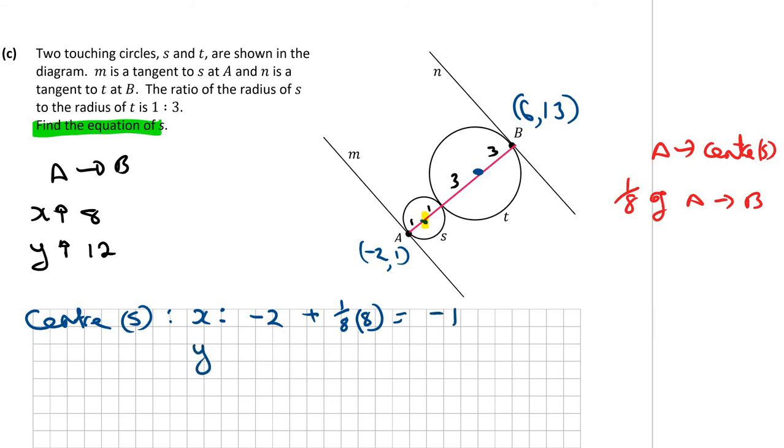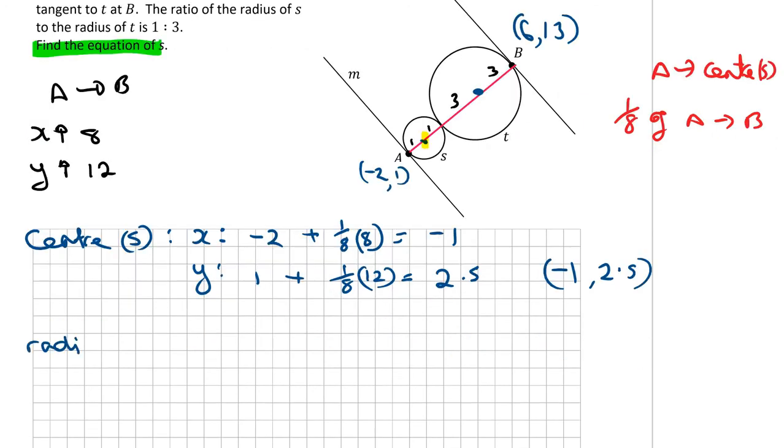And the y coordinate is going to be 1 plus 1/8 of a jump of 12, which is 1 plus 12 over 8, or 1 plus 3 over 2, 1.5. So that's going to be 2.5. So therefore the center of S is going to be (-1, 2.5).